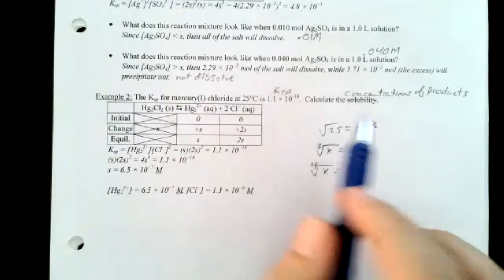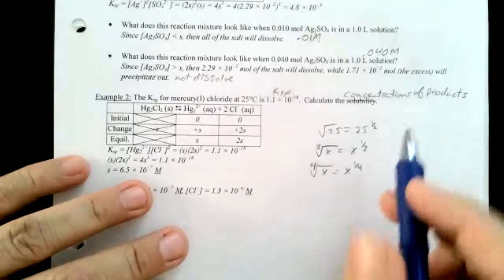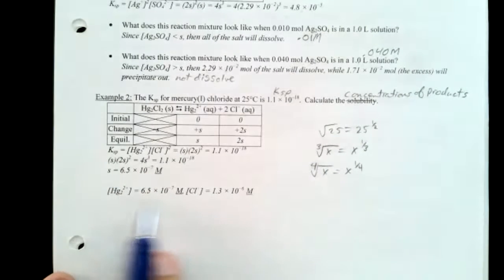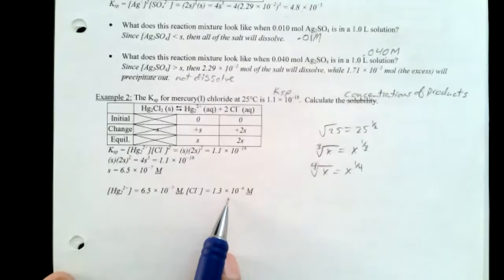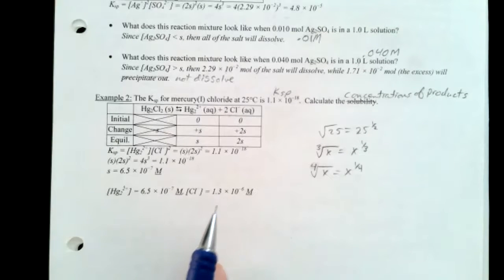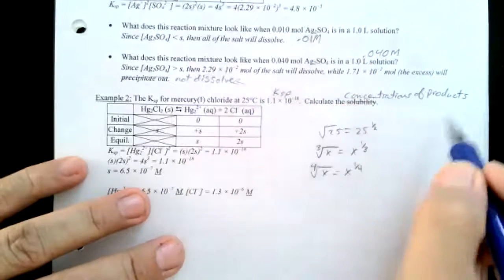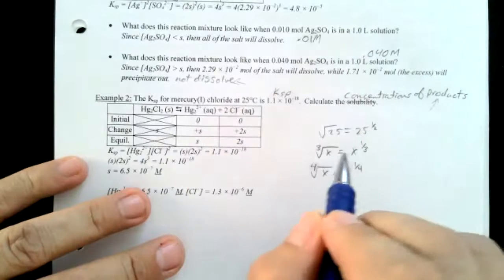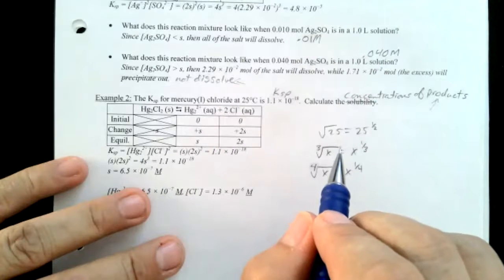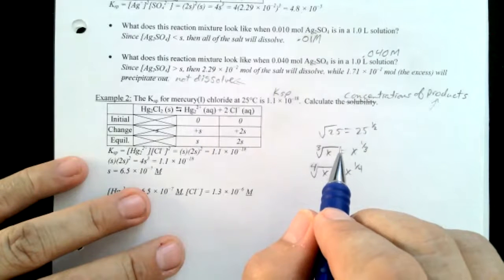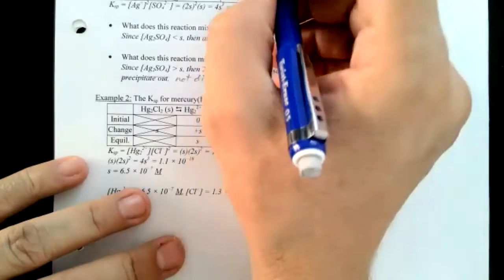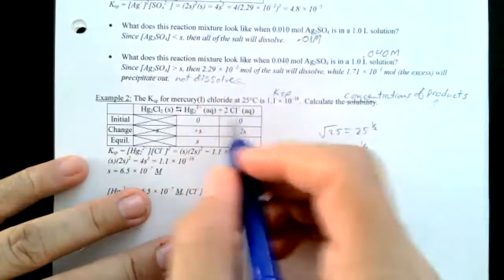Okay, I need to change that, because look what they did. They calculated the concentrations of the products. So the question is bad. So what was I going to change? This and this. And then put in the formulas.